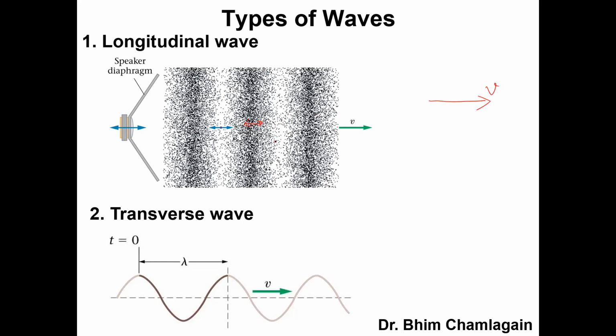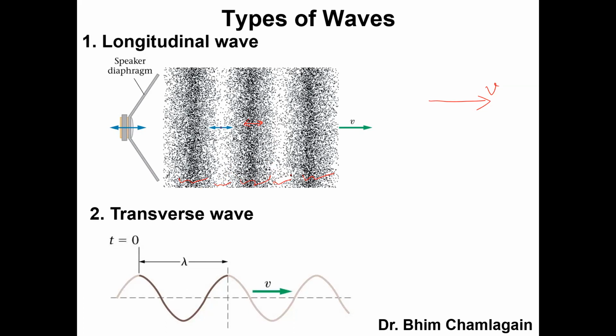During this vibration, it will form different regions in the medium. In some regions the molecules come closer, like these three regions. But there are some regions where molecules are far apart. Where they come closer, the medium is denser, which is called compression.